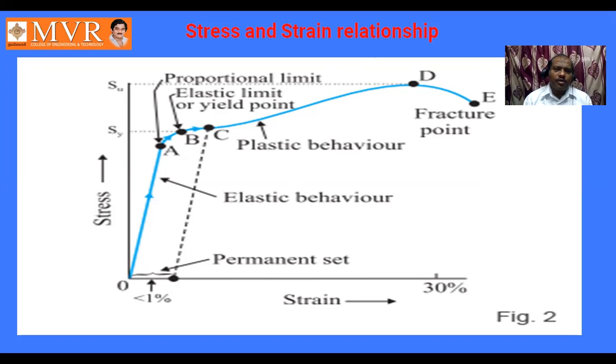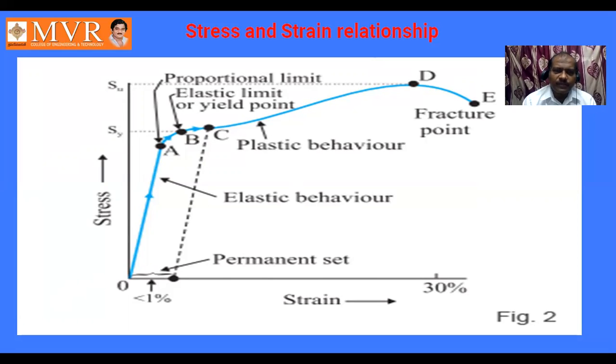Beyond C, even if the load is removed, the material cannot regain its original shape and size. After C, if you add load, the material is going to be deformed continuously, and that deformation is called plastic behavior. So from C to D, we apply less load only, yet the material still changes its position or orientation in a quick manner.